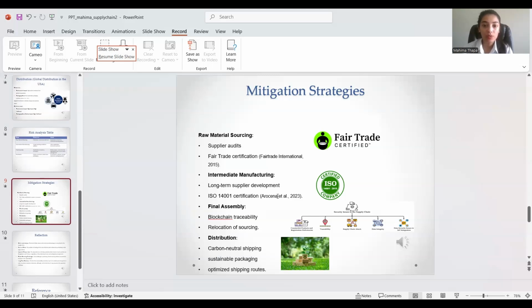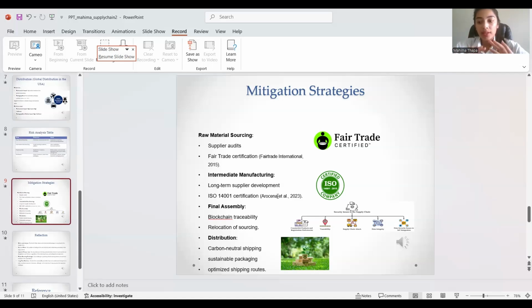They should use fair trade certified cotton in order to support ethical farming. They also must invest in long-term factory partnerships rather than switching suppliers for low cost. Also, using blockchain for transparency, like the technology IBM used to track cobalt in mining.